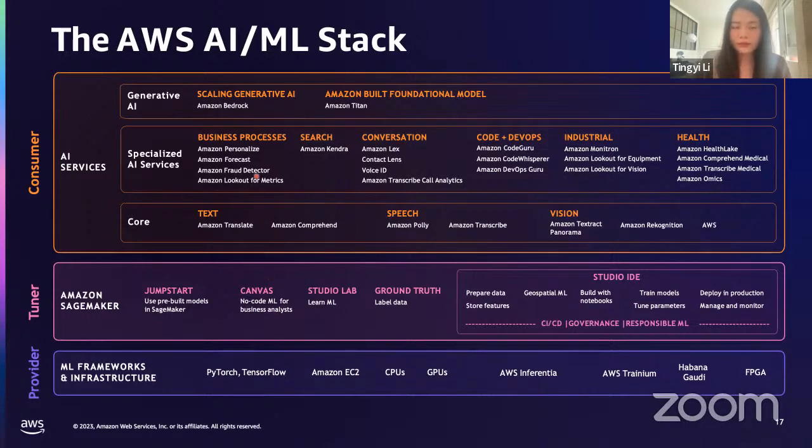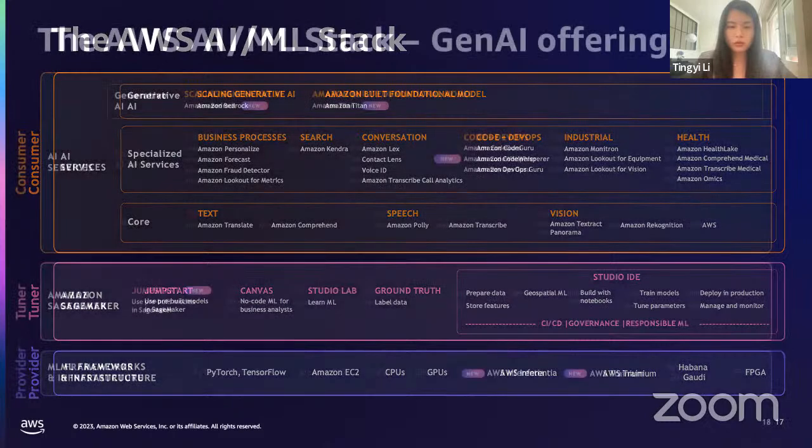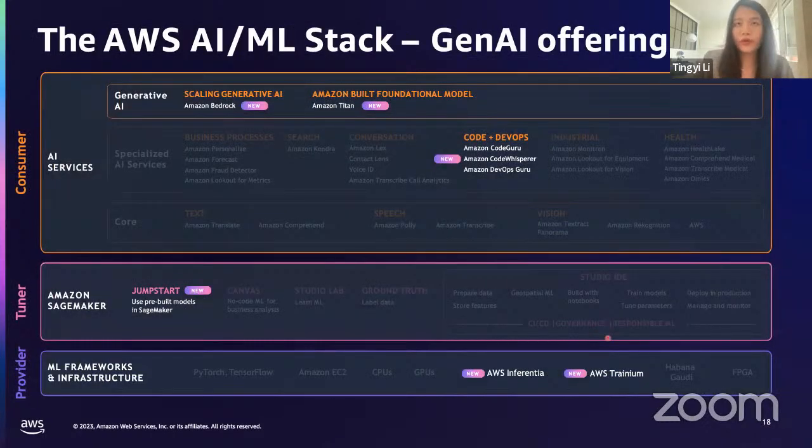On the top layer, there are API-based services. As you can see here, they are purpose-built, focusing on specific tasks, for instance personalization, search, conversational AI, prediction, forecasting, this kind of thing. For generative AI, we also offer several options.